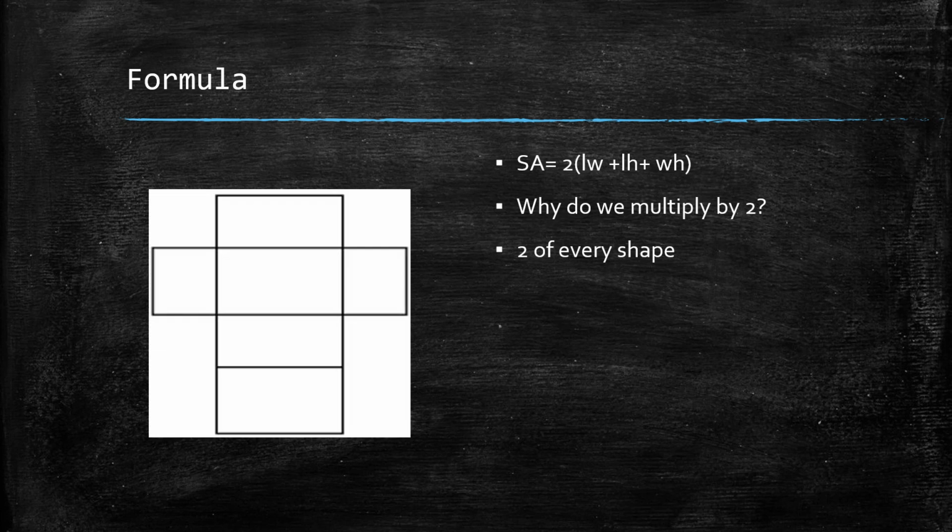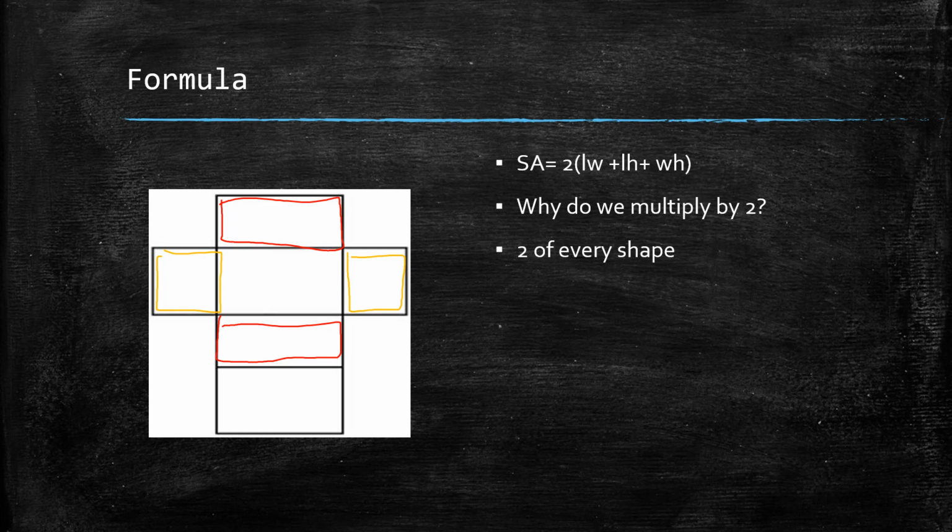So if you were to look at this rectangle here, it is going to be the exact same size as this rectangle. You have this one here. When it folds over and connects, it is going to be the same size as this one.